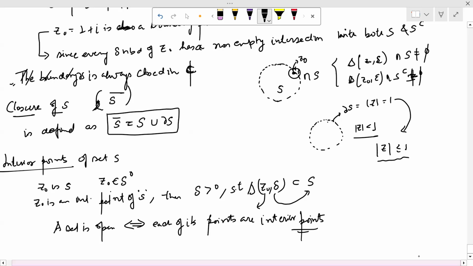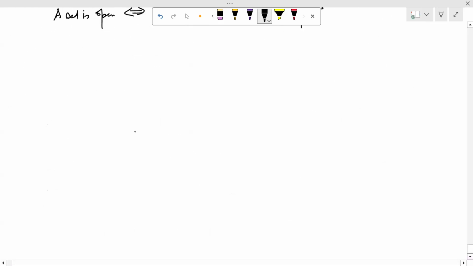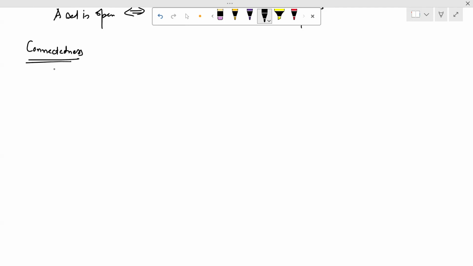Okay. So let us write connectedness. Before writing connectedness, let us first write connected set, and then I'll write a more profound definition for connected set, connectedness in the sense of metric space.